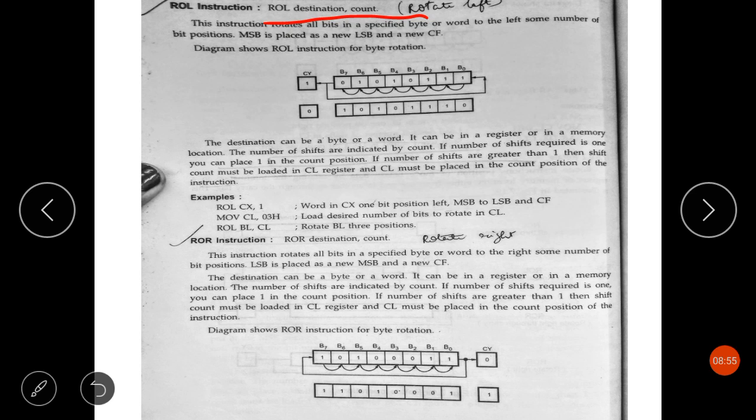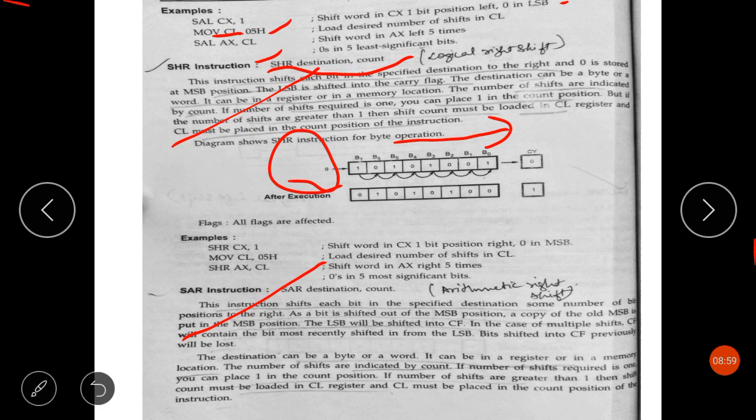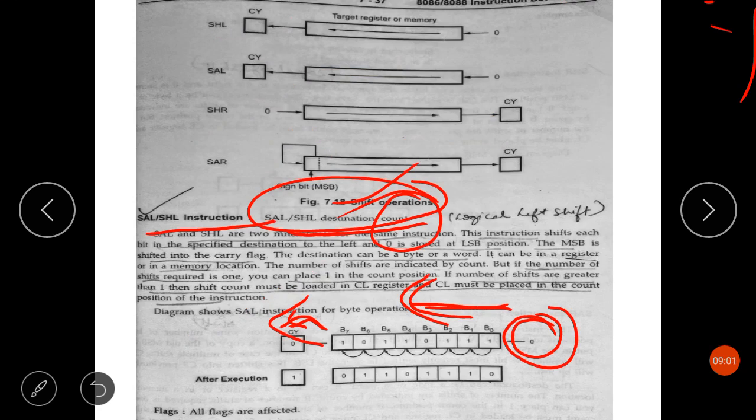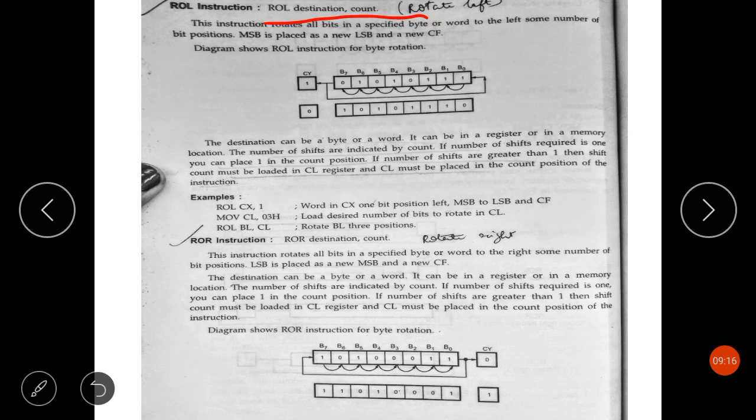As you can see in the shifting operation, like in the SHL or SAL instruction, all the bits were getting shifted towards the left, and the MSB was going into the carry flag, and the LSB was getting stored with 0. So what is the difference here? In rotate operation, all the bits will get shifted to the left bit by bit, and the MSB will go into the carry flag as well as into the LSB.